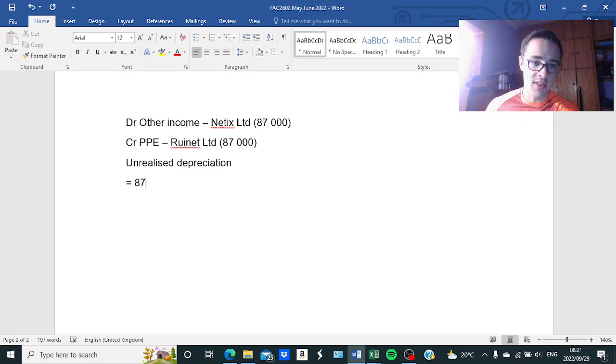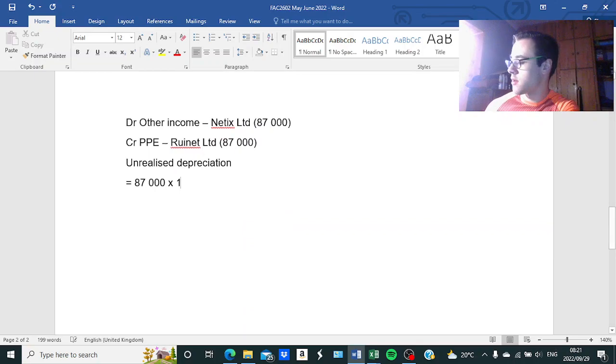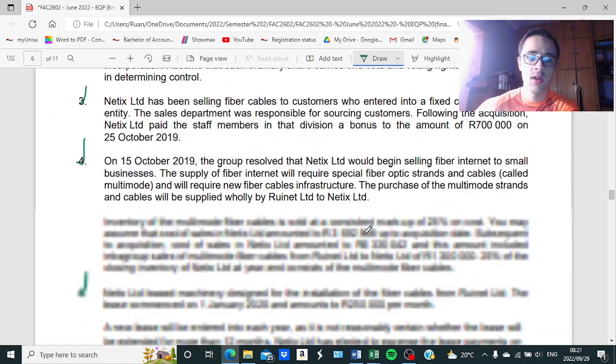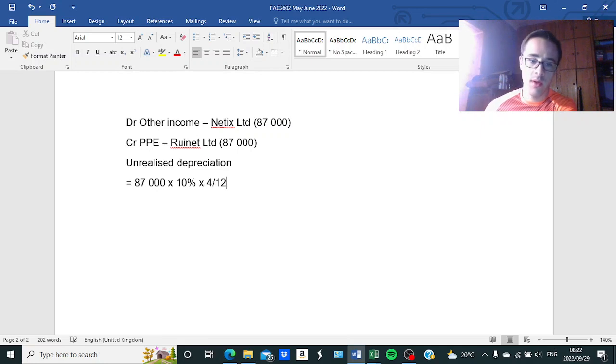So we will take the 87,000 times the depreciation rate, which is 10%, and then multiply it by the number of months, or the period rather, from the 30th of November 2019, which was the date of sale, up until the end of the current financial year, which is the 31st of March 2020, and that should give you a total of 4 months. Okay, for December, January, February, and March. So that will give you a total of 4 months that we need to take into account for calculating the unrealized depreciation.